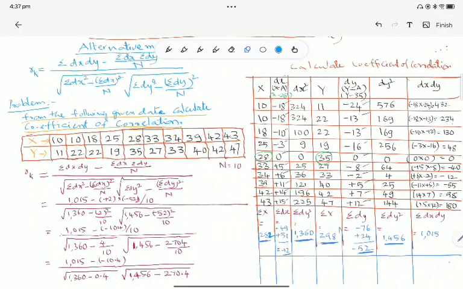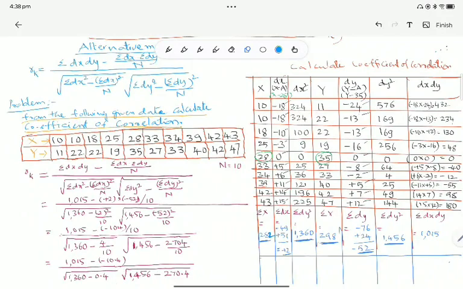Here minus into minus is equal to plus. So plus 324, plus 324, plus 100, plus 9. 5 into 5, 25, 6 into 6, 36, 11 into 11, 121, 14 into 14, 196, 15 into 15, 225.